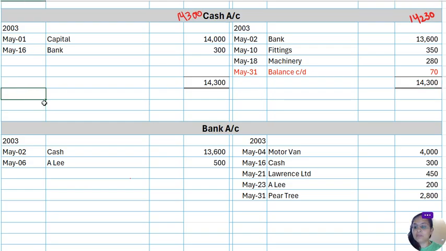Now on the beginning of June, the first day, June 1st, on the opposite side, which is the debit side, you bring down your balance of $70. So the balance that you carried down is the balance that you will be bringing down. And don't forget to erase your pencil marks.